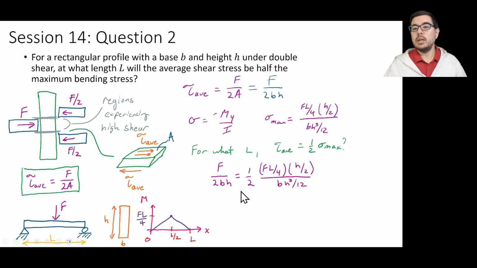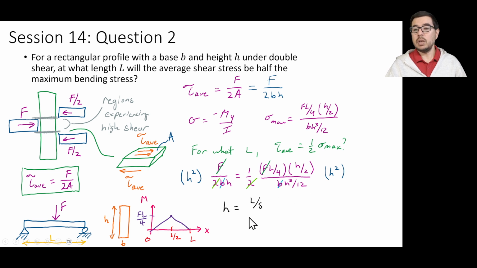And we can do a little bit of algebra. We multiply both sides by h squared. When we do that, we get an h on the left, and on the right h over h cubed times h squared just gives us a 1. We can knock out the b's, the F's, and the 2's, and in the numerator we have L over 8, and in the denominator we'll just have 1 over 12.